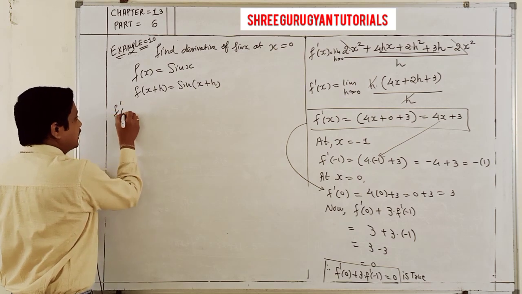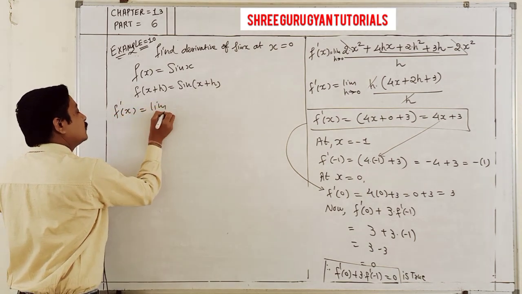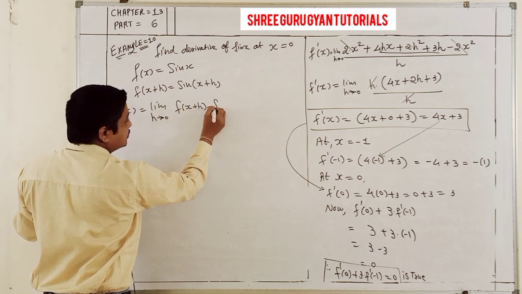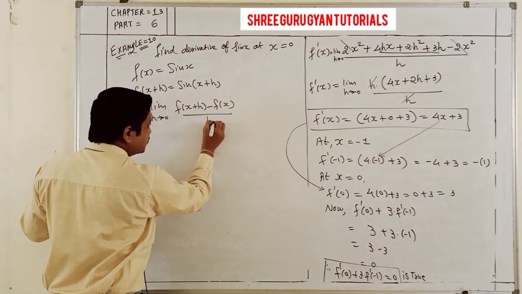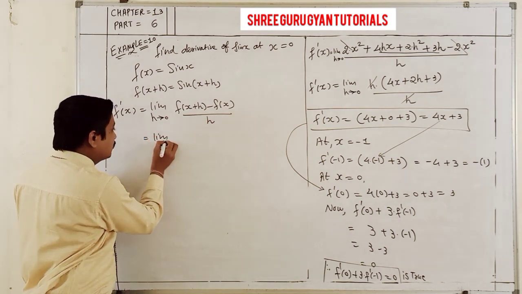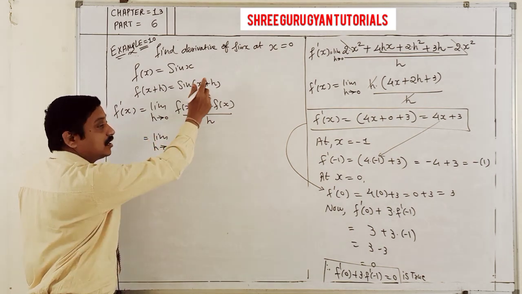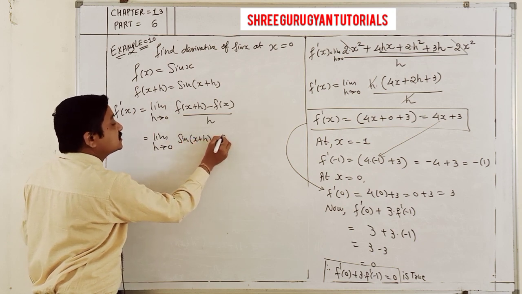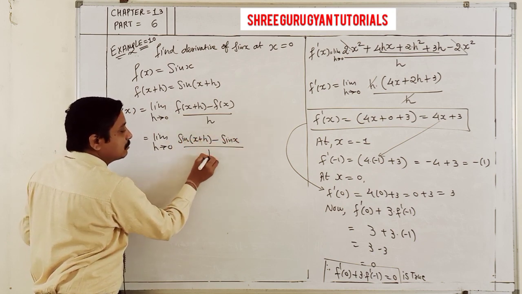So f'(x) is the limit as h tends to 0 of [f(x + h) - f(x)] / h. Put down the values: [sin(x + h) - sin x] / h.